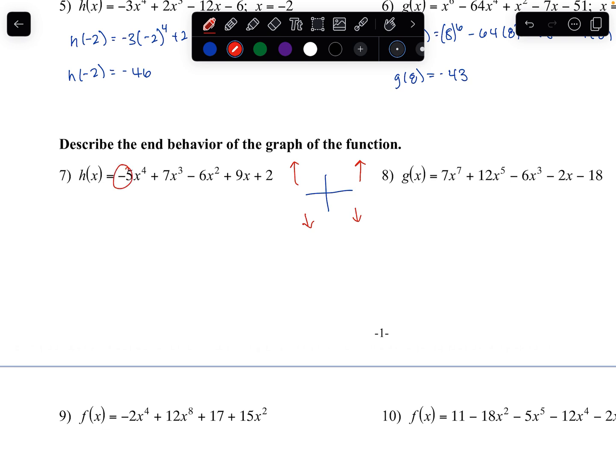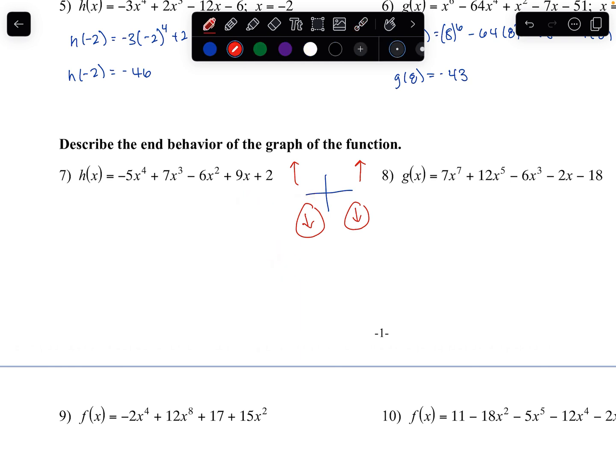If it's a negative leading coefficient, they're going to get really, really small. If it's a positive leading coefficient and even degree, both ends are going to get very, very large. So it really depends on just those two things. So we have a negative leading coefficient, an even degree, so as x gets really, really large, y will get really, really small. As x gets really, really small, y will get really, really small.